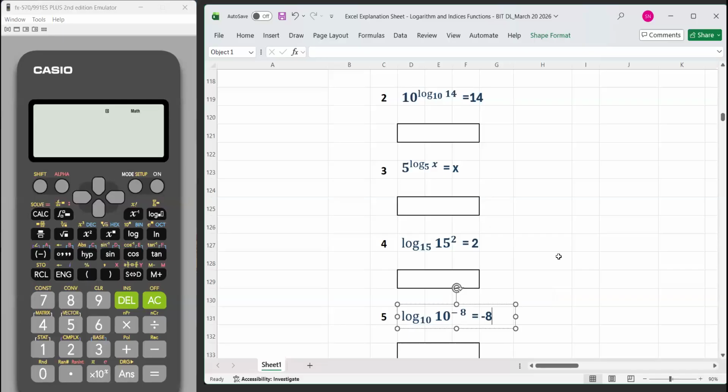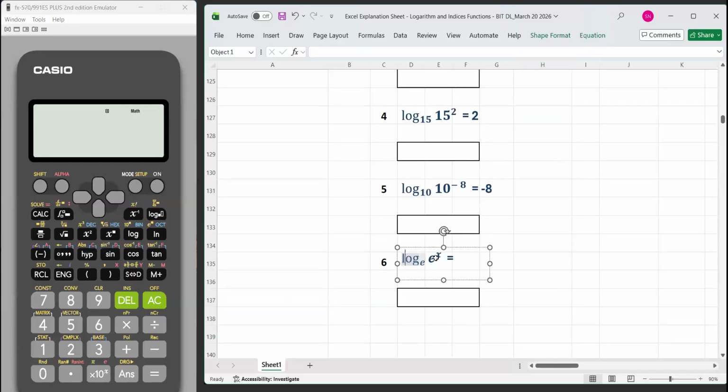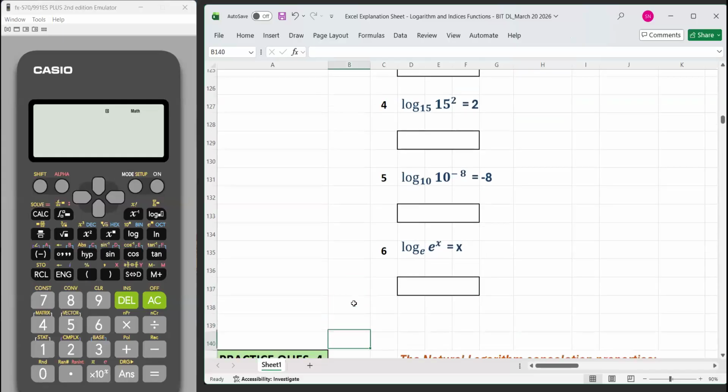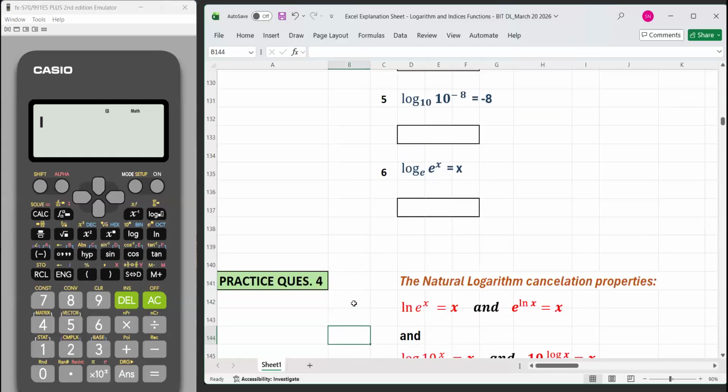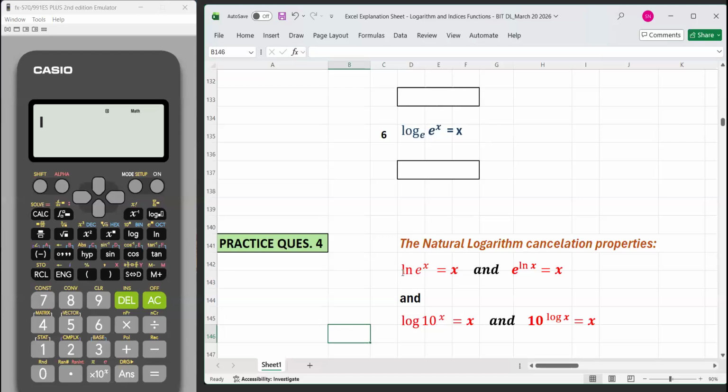Okay, so I'm sure that this one you can tell, log of e raised to the power x base e should be equal to x. Okay. So now let's take the same cancellation rule, but this time for natural log. Please, I told you that the natural log is written as ln.